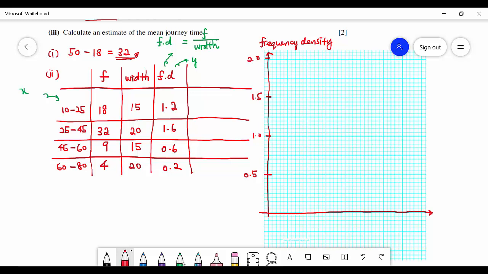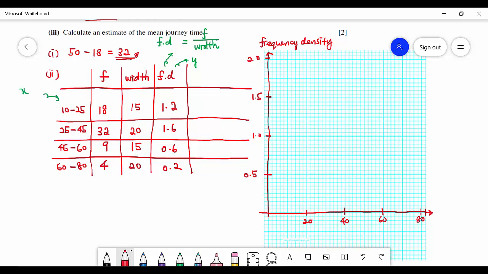For my x-axis, I will make it as 10. No, sorry, because I need to have 80 for my x-axis. So this one will be 20, 40, 60, and 80.